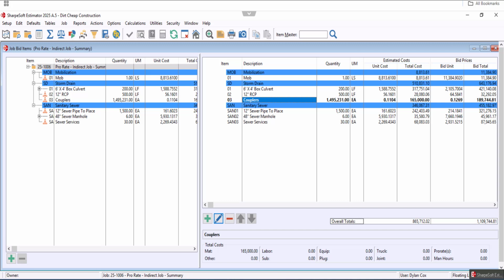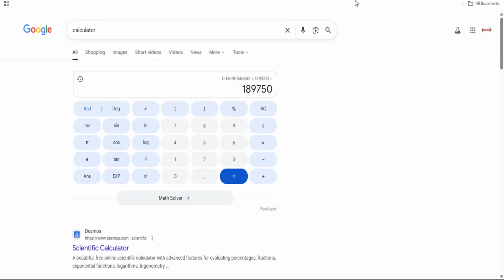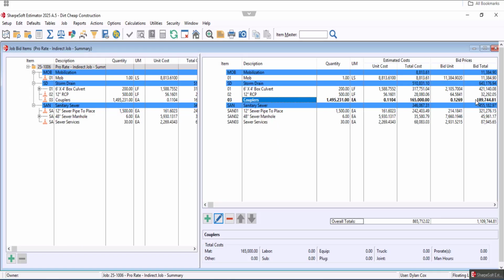This is because, as stated, the estimator is rounding. If we do 0.1269 by itself, none of the rest, and then multiply by 1,495,231, that gets us the number that we have there.